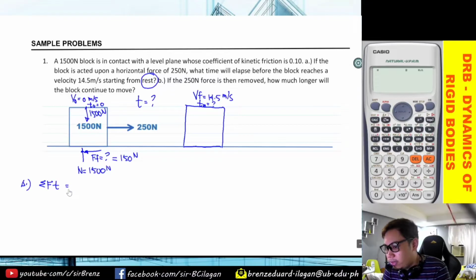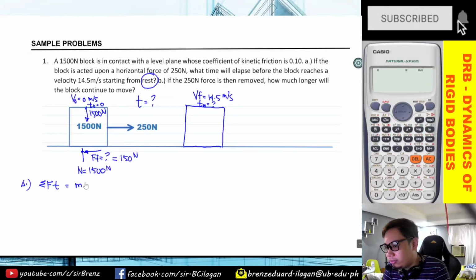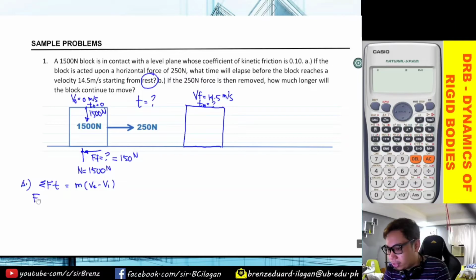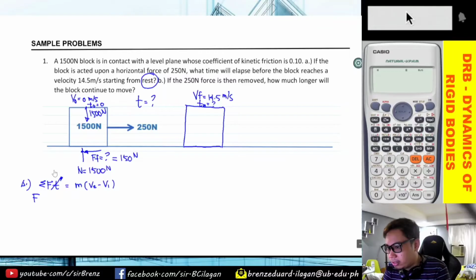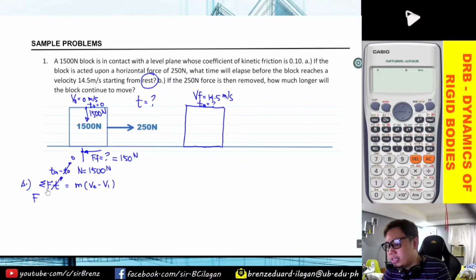So it is equal to m times (V2 minus V1). With that equation, the time here is t sub a minus t sub 0. Since t sub 0 is 0, that is automatically F times t sub a.